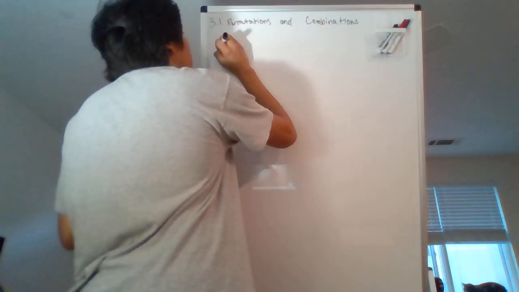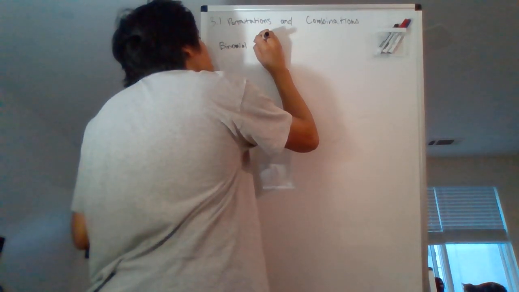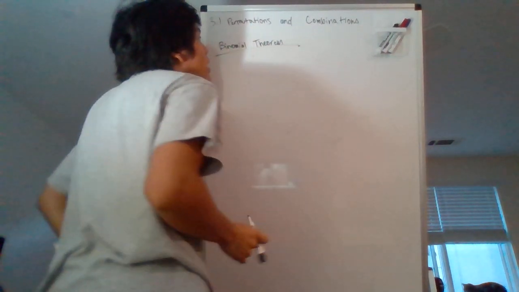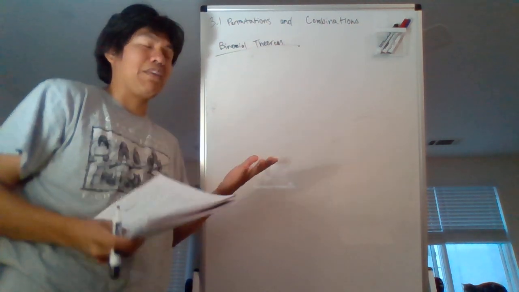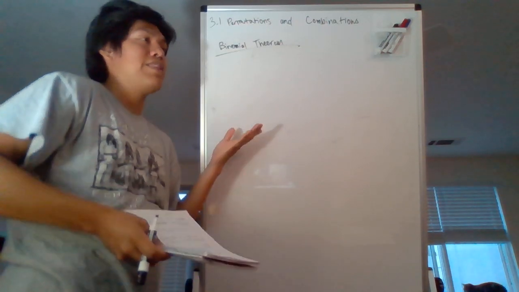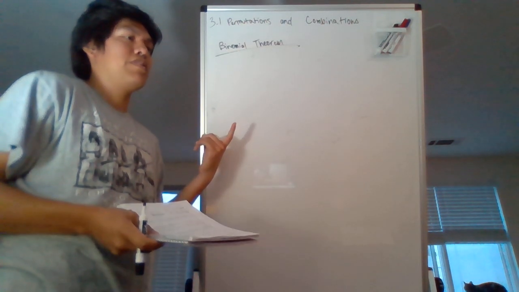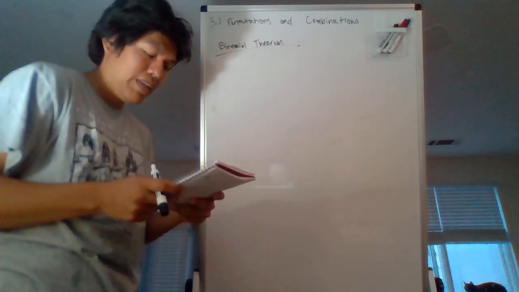Let's write it here. Binomial theorem. This is an important theorem for series and Calc 2, but it's also good to look at to see how we get coefficients in a binomial equation, I guess.